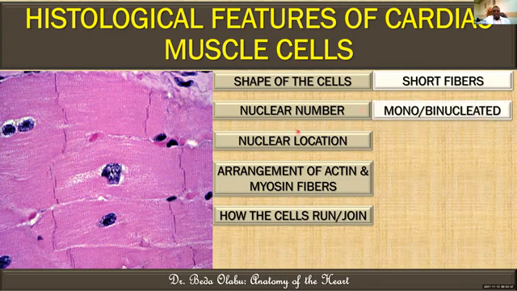For cardiac muscle, we can say that majority are mononucleated, although a few are binucleated, as we can see in that one. Remember, for skeletal muscle, they are multinucleated, and that means maybe 100 nuclei and above.